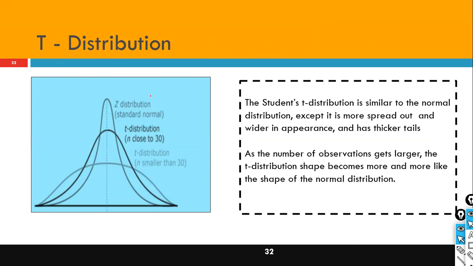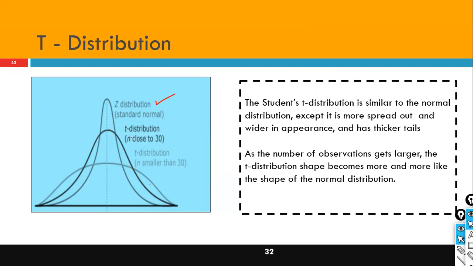So look here, the z-test assumes a normal distribution, whereas the t-test assumes a t-distribution. The t-distribution is also similar to the z-distribution, except that it is spread out, wider in appearance, and has thicker tails. As the number of observations gets larger, the t-distribution becomes more and more like the shape of the normal distribution.